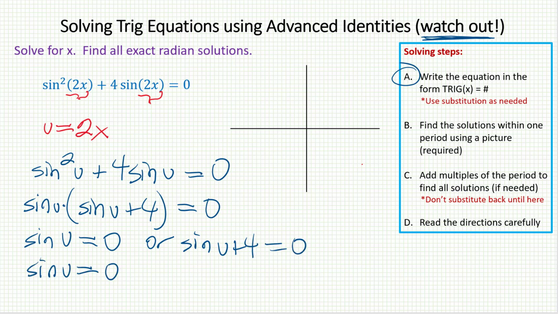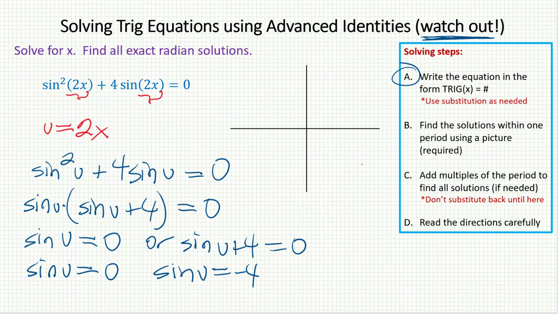And I end up here with two simpler equations after I subtract that 4 to the other side. Sine u equals 0 and sine u equals negative 4. That was step A. Trig function, single letter, equal sign, and number. I did not need to use an identity because I could just use the u substitution.